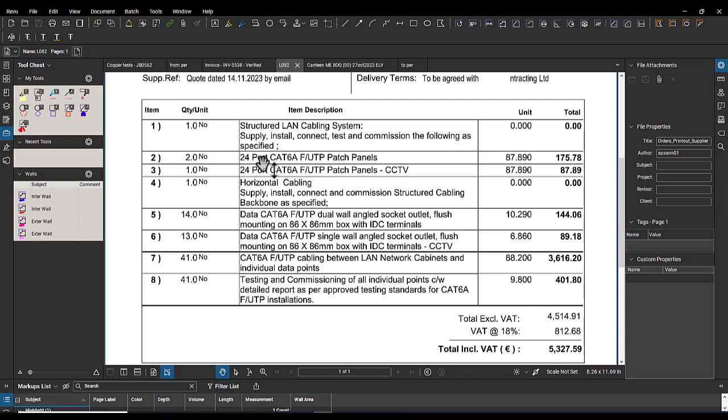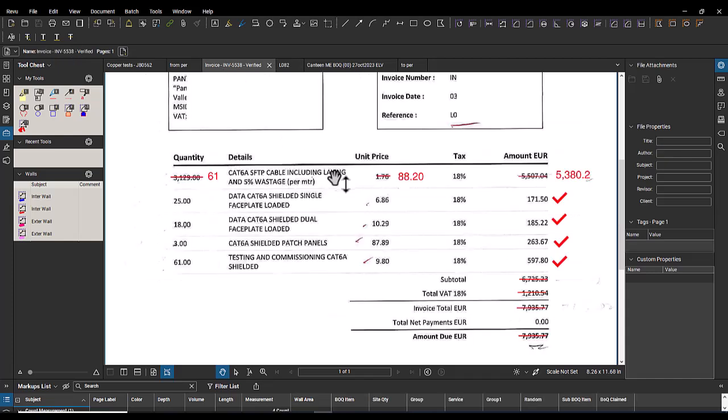Now let's go to his invoice. Here. Alright, let's start here at the testing and commissioning. The quantity is 61.